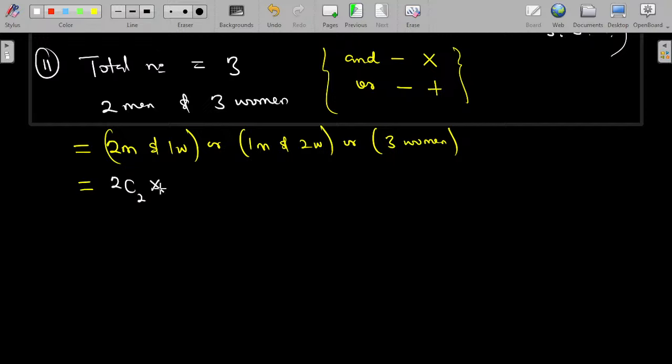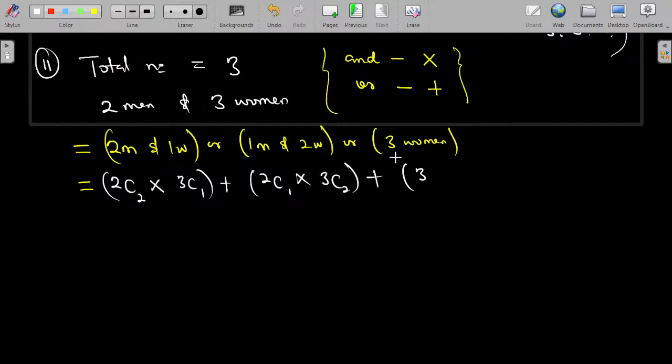Then 1 woman means you are selecting 1 out of 3. That is 3 combination 1. And you are done. So just do the same across the board. Or here means plus, and then 1 man means you're selecting 1 out of 2. That's 2 combination 1 times 2 women, which means you're selecting 2 out of 3, 3 combination 2. Then or plus then the last one, which is 3 women, you're selecting 3.